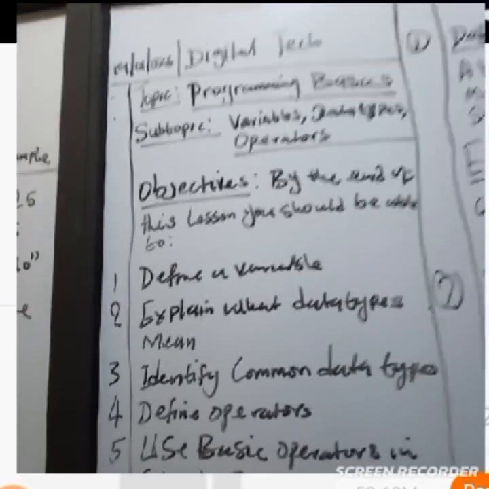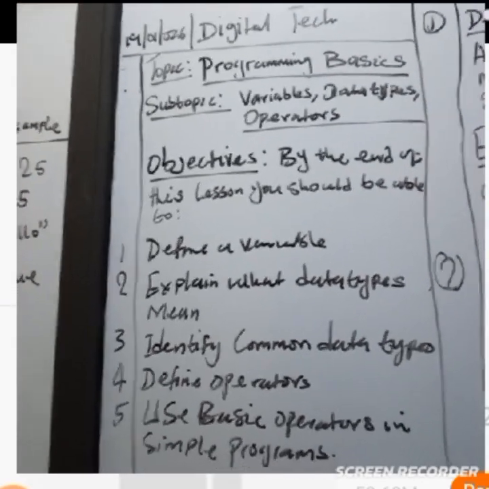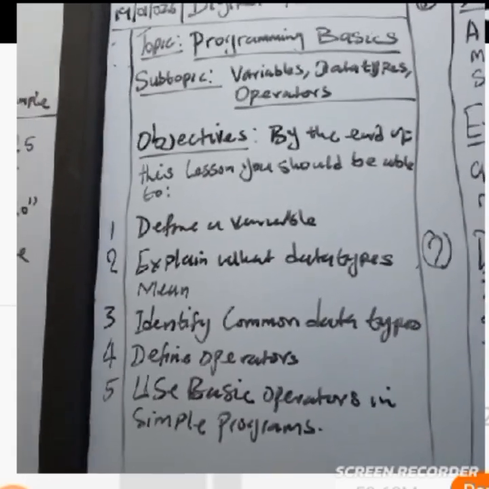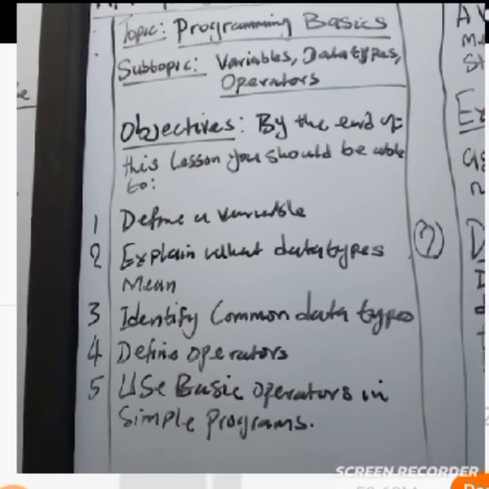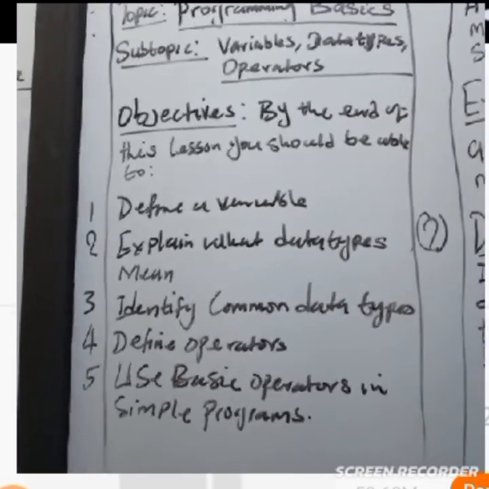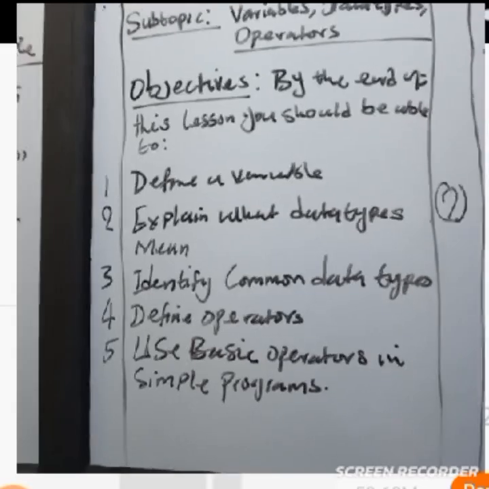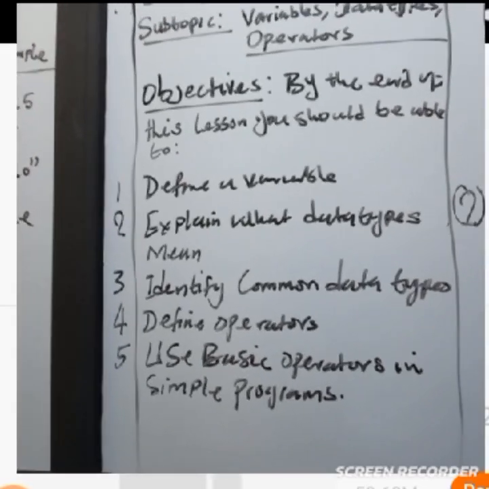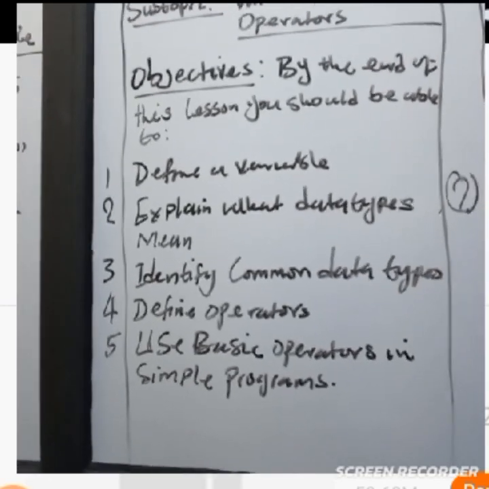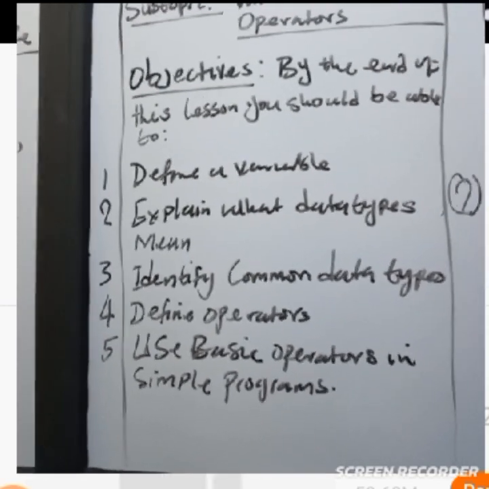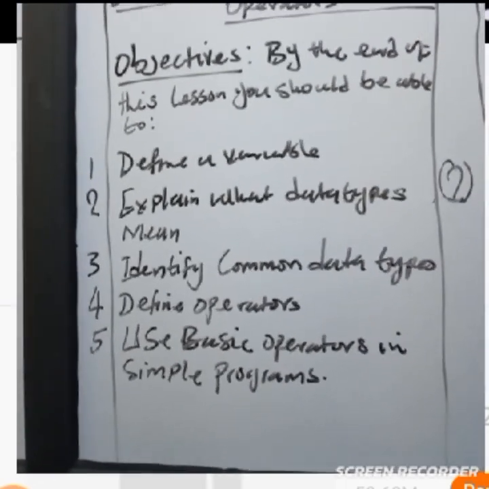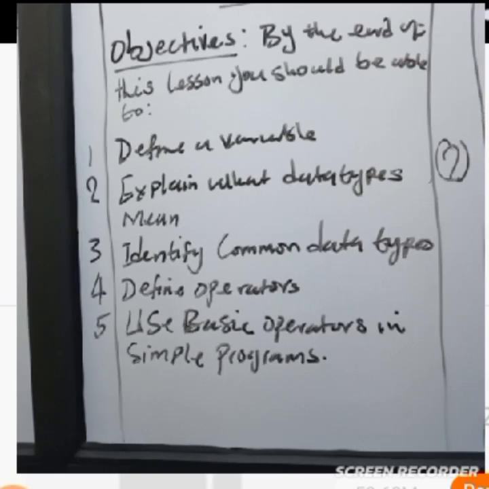So you see there on the boards the objectives of the lesson. Number one, by the end of this lesson, you should be able to define a variable, explain what data types mean, identify common data types, define operators, use basic operators in simple programs.